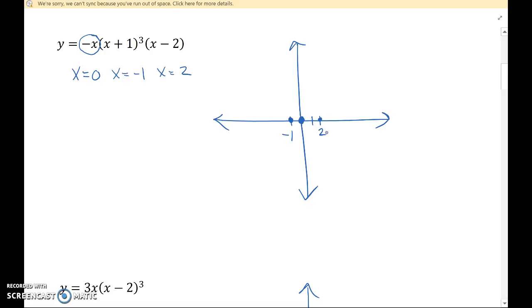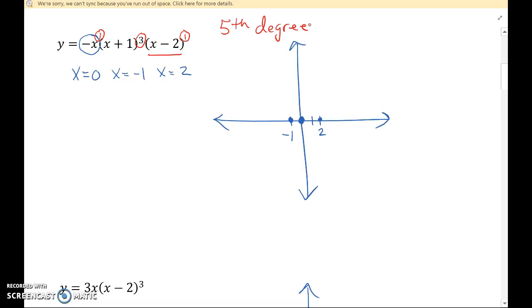Now we need to determine the end behavior. And so if we look at the exponents on this graph, you see that there's no exponent here on the x, and so that is assumed to be a 1, and there's no exponent on this last factor, and so its exponent would also be 1, making this a 5th degree polynomial.